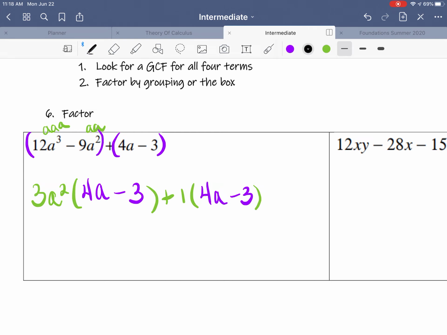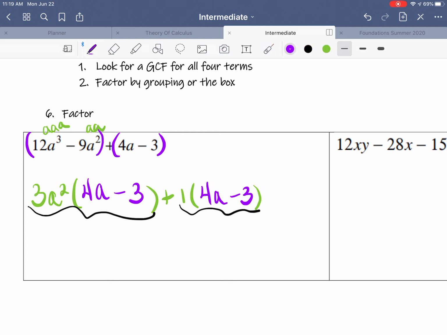Now, we are still left with 2 binomials. Do you see anything in the binomials that is repeated, that is the same? You should, right here. The 2 binomials are factored, and in the 2 factored binomials, they share a factor.